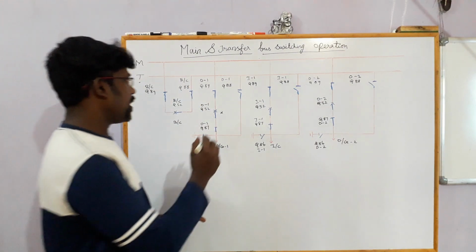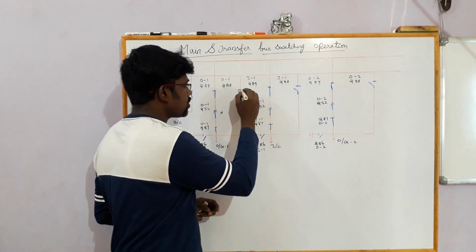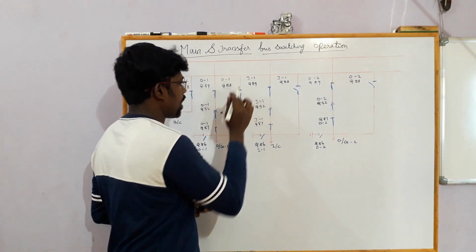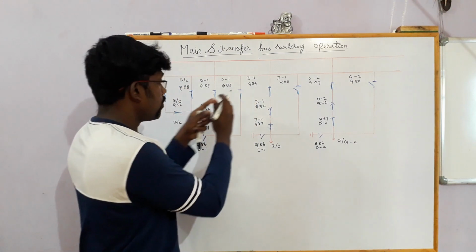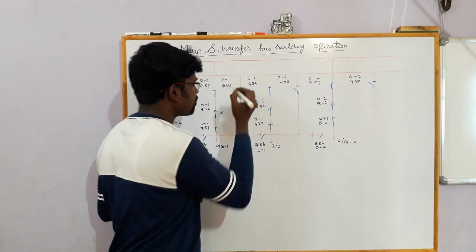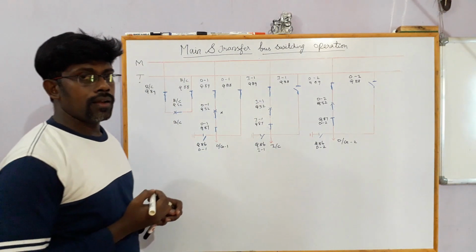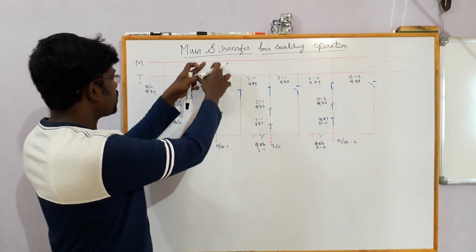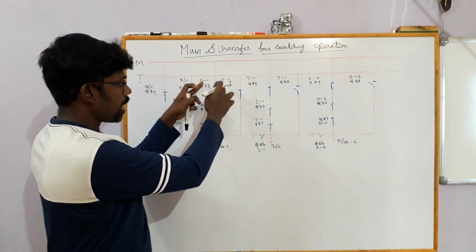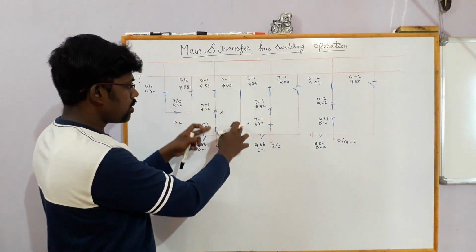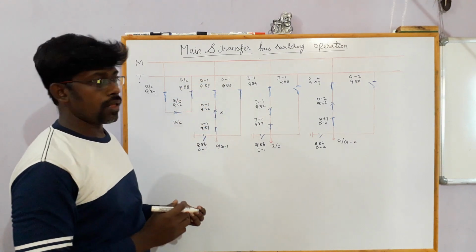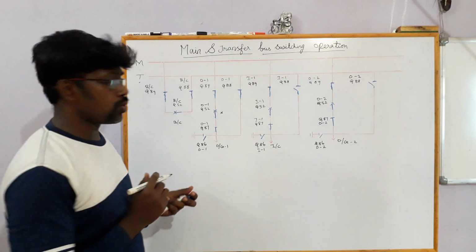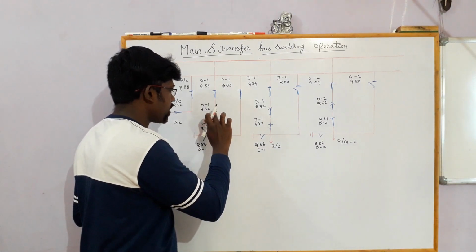Now we have to go for switching on this. After closing this bus coupler we have to switch on this. Now this isolator also gets supplied, and this main bus also has supply. So both are feeding the outgoing. Now what we have to do is open this breaker.